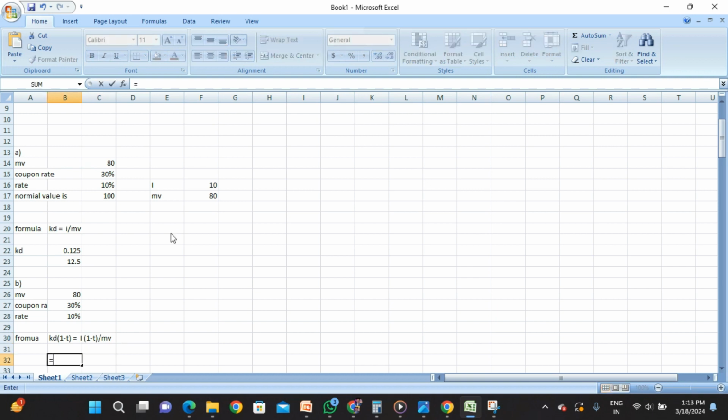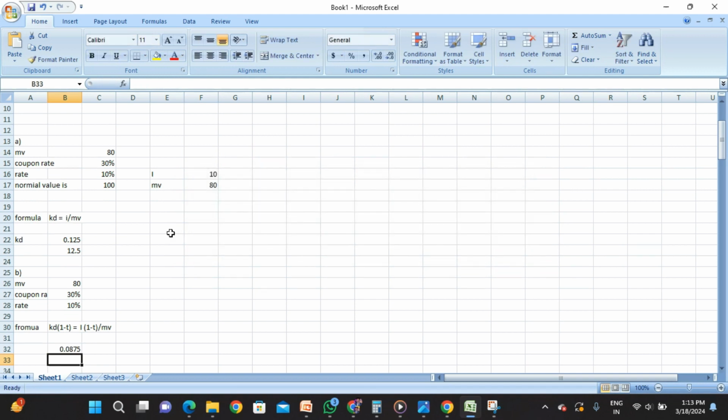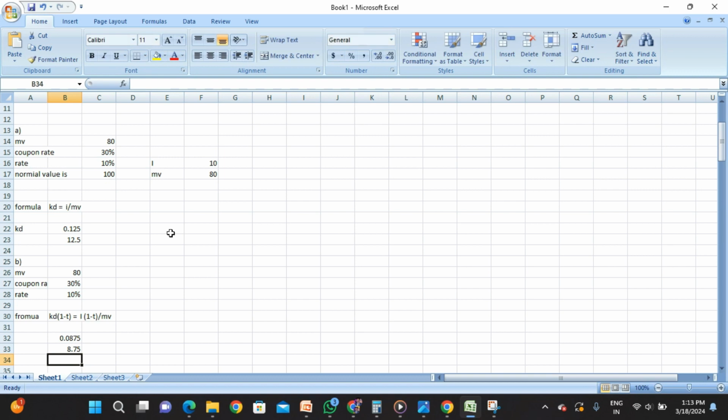We put it into the formula: I is 10, times (1 minus the rate 0.30), divided by the market value 80, which is 0.0875. Multiplying by 100 we get 8.75%.